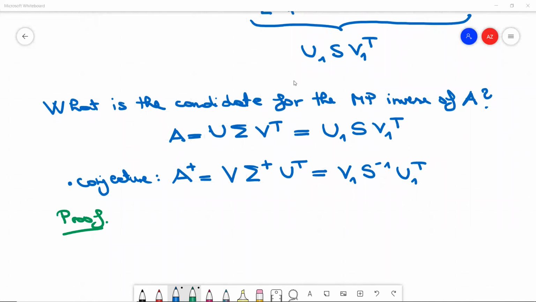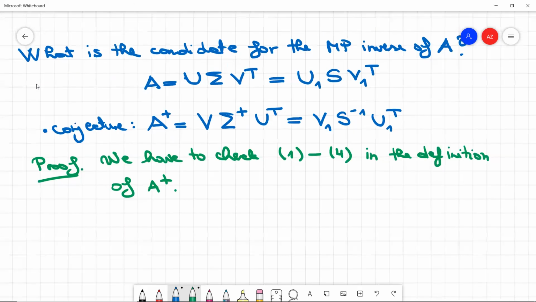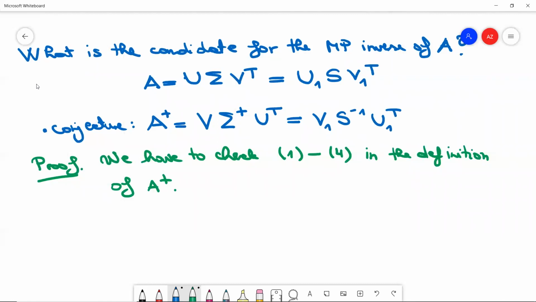Yes, so we have to check the conditions in the MP inverse of A. So we have to check 1 to 4 in the definition of A plus. And let's do 1 and 3, and 2 and 4 are analogous, and you can do it by yourself.